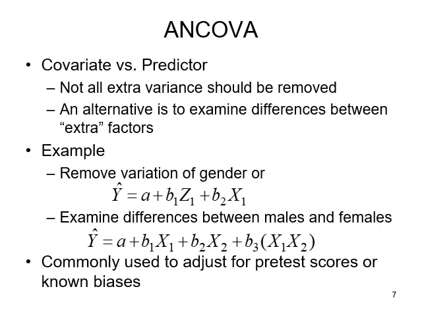So a lot of times also we can use a covariate to adjust for pre-scores or pre-test scores or known bias. So a lot of research that looks at academic performance often uses previous academic performance, either GPA, ACT scores, SAT scores, as a covariate. In other words, if everyone was equal in their overall ability to do well in school, are we finding an impact of an intervention that is meant to improve performance in school?